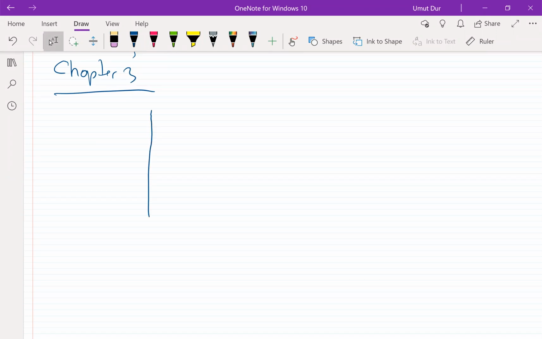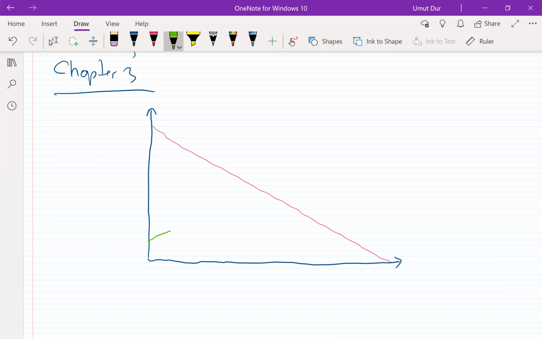Let's think about a simple market. In a simple market, we have a demand curve like this, and we have a supply curve like this. This is supply, this is demand.